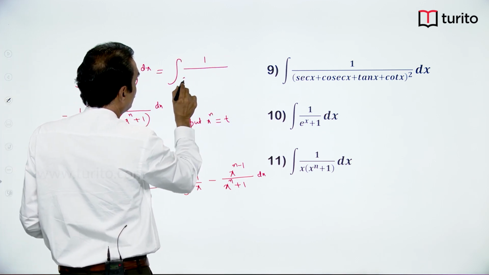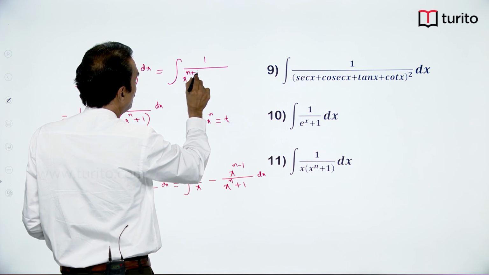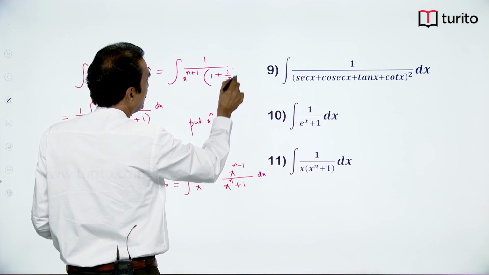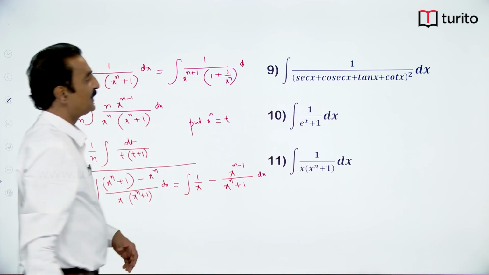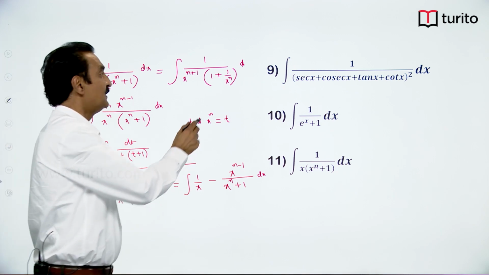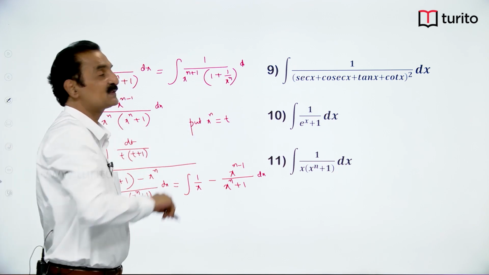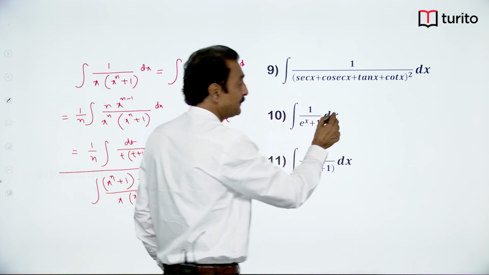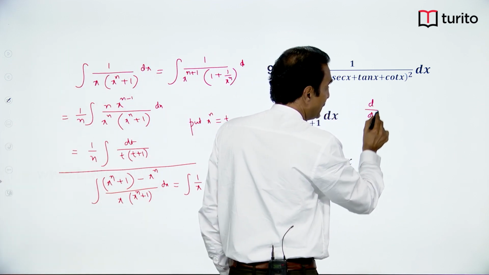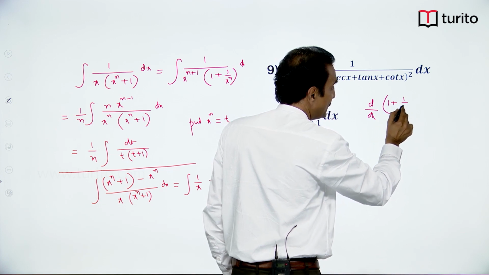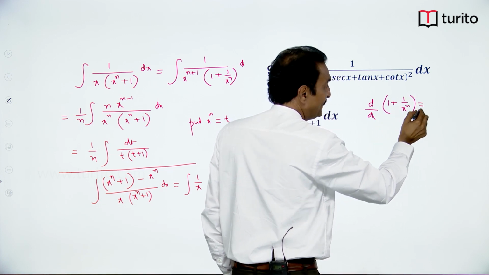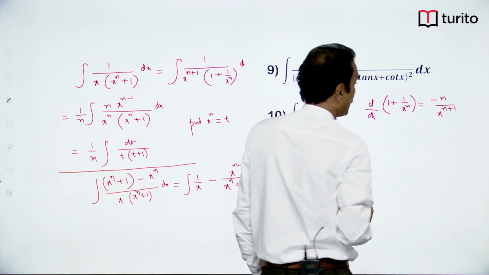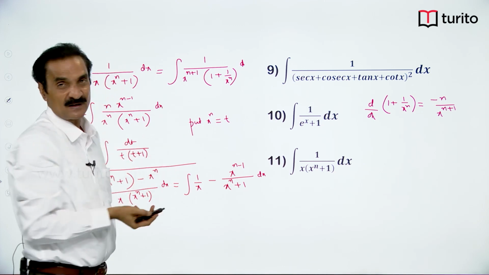In method 3, we will take x power n common from the denominator, then we will get 1 by x power n plus 1 into 1 plus 1 by x power n. What is the derivative of 1 plus 1 by x power n? The derivative of 1 plus 1 by x power n will be minus n by x power n plus 1. 1 by x power n plus 1 is there.